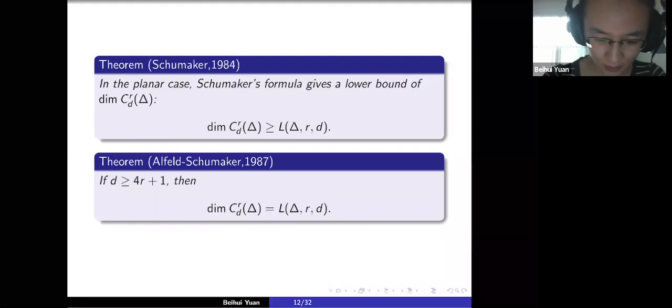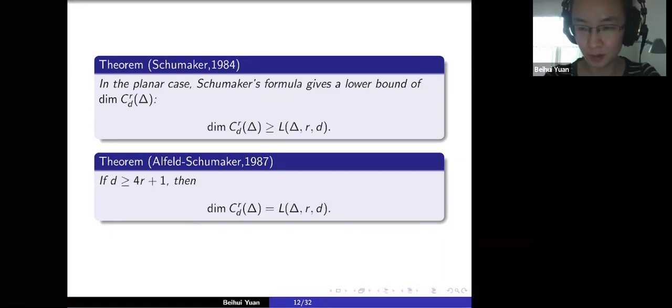Another good thing about Schumaker's formula is that in the general case, it gives us a lower bound. This works in any case. And in some other cases, for example, if we know the relation between D and R, in this case D greater than or equal to 4R plus 1, then again this formula holds with equality, okay?